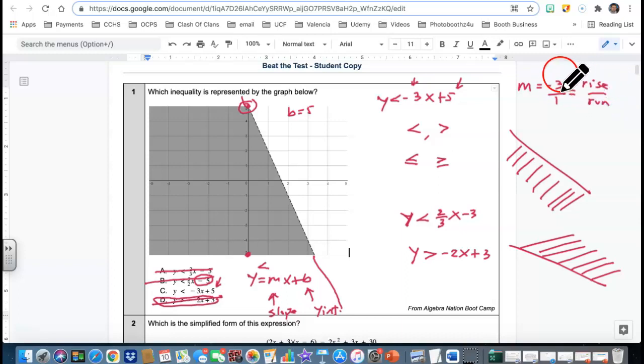In this case, because your rise is negative, I'm going to go down 1, 2, 3. And then my run is 1, which is positive, which goes to the right. As you can see, those are the points. This is my slope from this equation, so my answer is C. Nice. We just reviewed a lot of topics right there. Let's go to the next one.